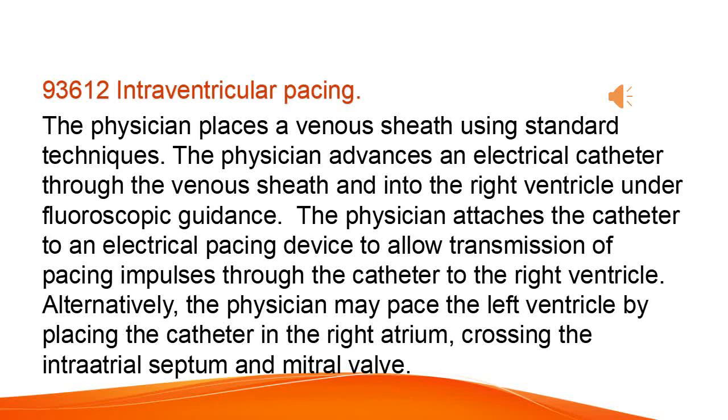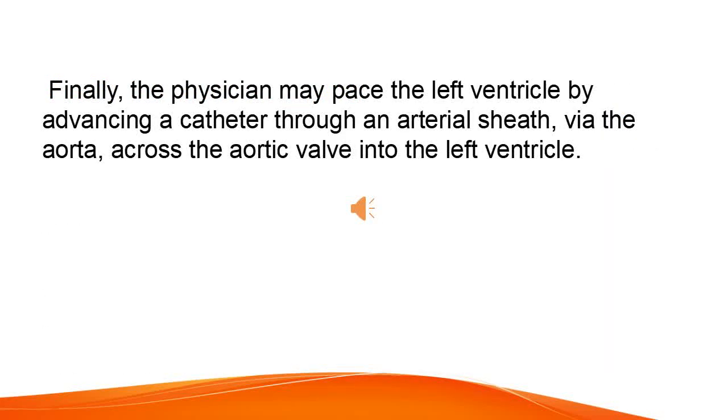Alternatively, the physician may pace the left ventricle by placing the catheter in the right atrium, crossing the interatrial septum and mitral valve. Finally, the physician may pace the left ventricle by advancing a catheter through an arterial sheath, via the aorta, across the aortic valve into the left ventricle.